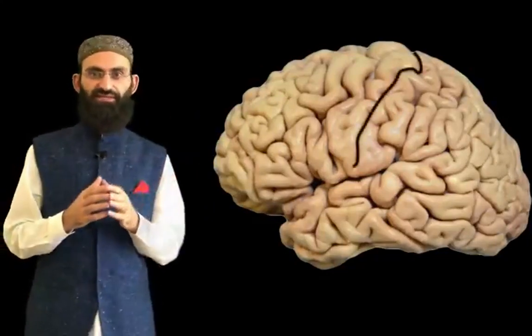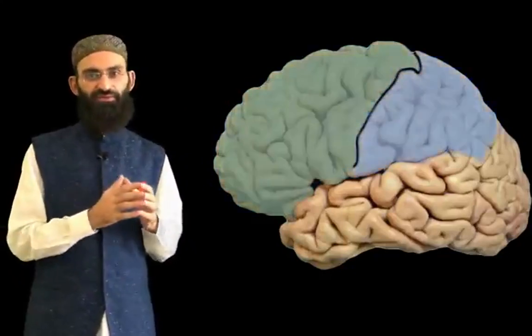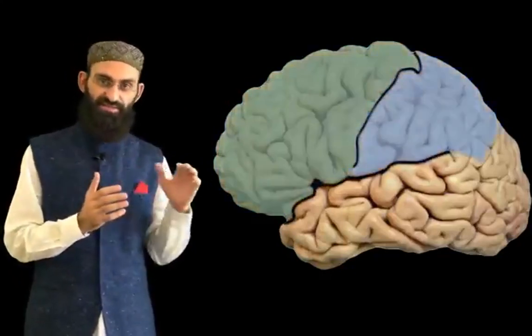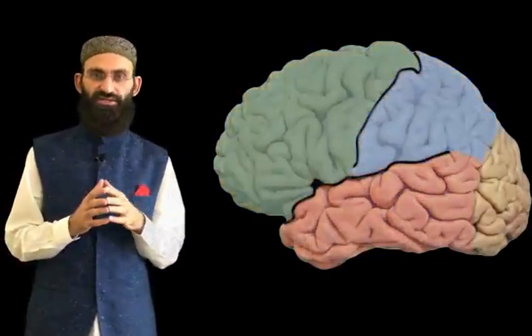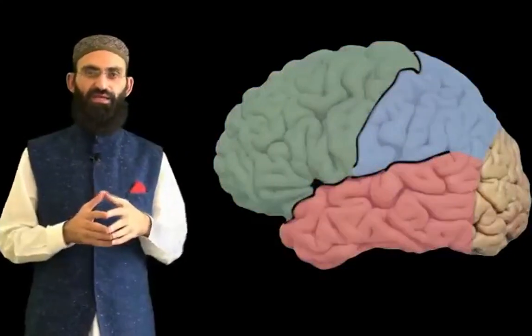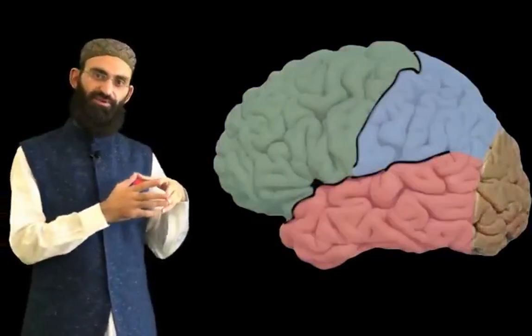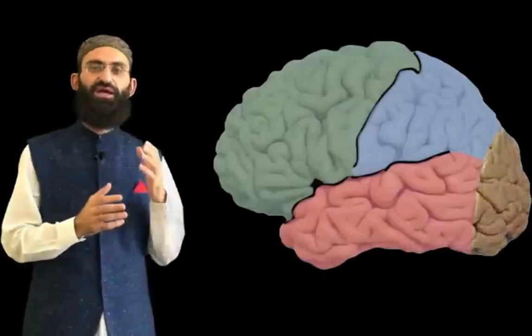Central sulcus divides frontal lobe from the parietal lobe, while the lateral sulcus marks the upper boundary of temporal lobe. Occipital lobe is separated from other lobes through an arbitrary line.